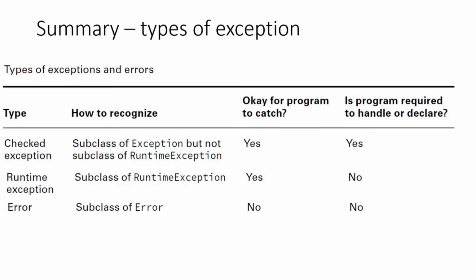It is okay to catch them. The program is required to handle or declare them, as we have seen with the IOException. Runtime exceptions are subclasses of RuntimeException. It is okay to catch them. The program is not required to handle or declare. Where I put the IOException, I could put the RuntimeException, and if there is a runtime exception inside the code, we do not require to handle or declare.